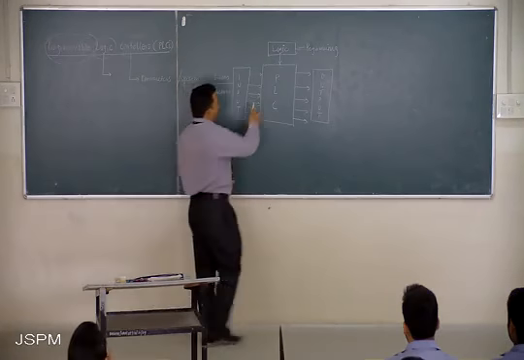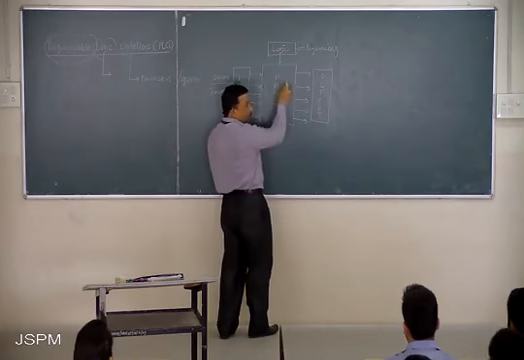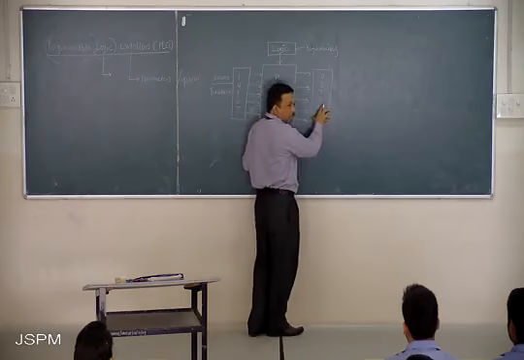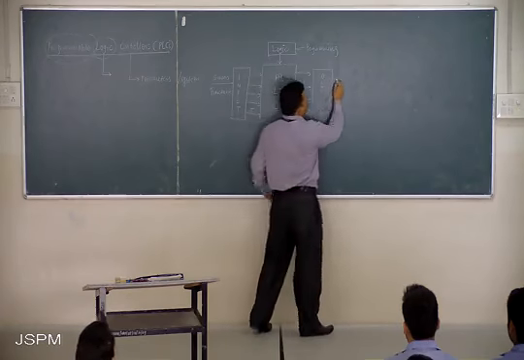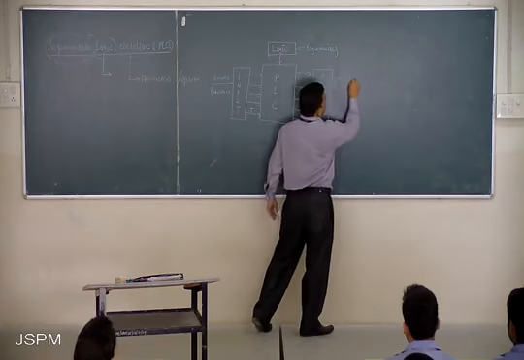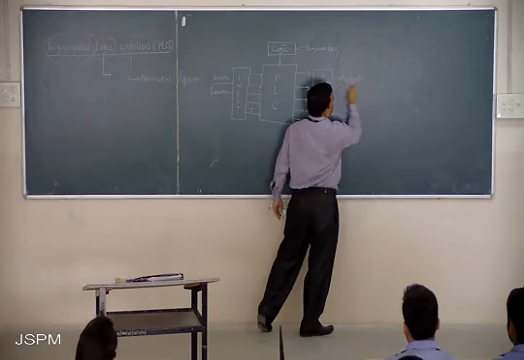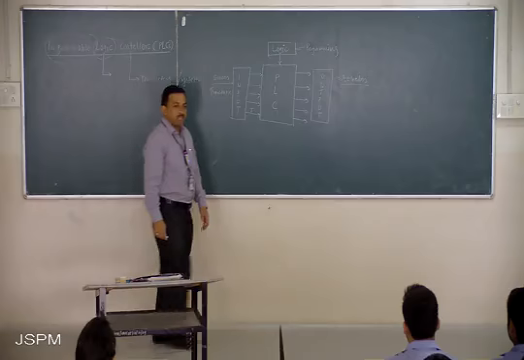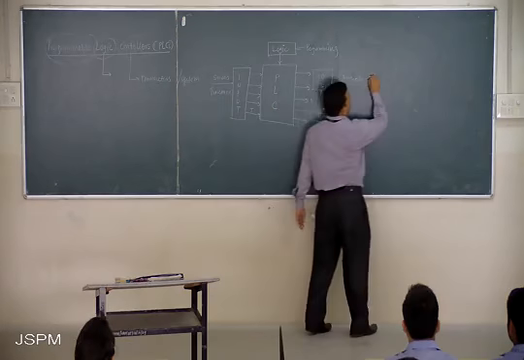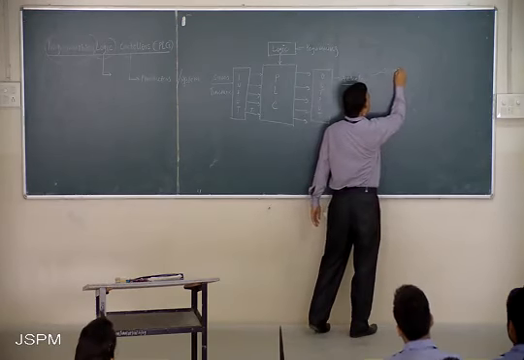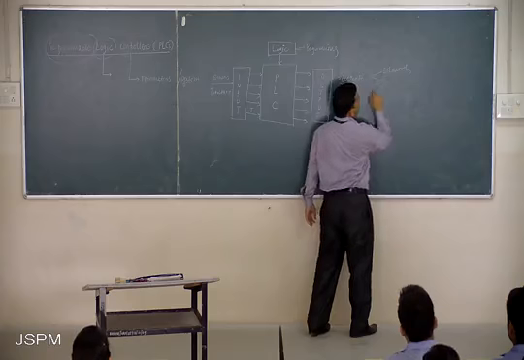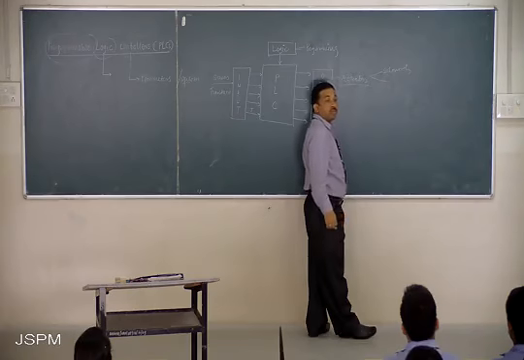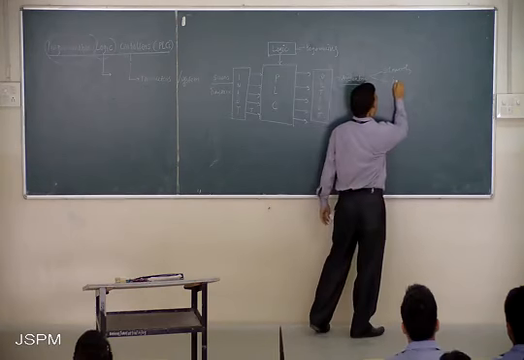Okay, after the input is processed by the PLC, the output will occur, and on the output side you have the actuators. Now can you tell me some actuators that you know? You have the solenoid valve, correct. Then we have motors, correct.